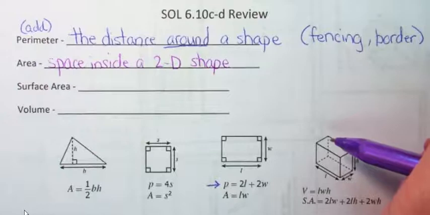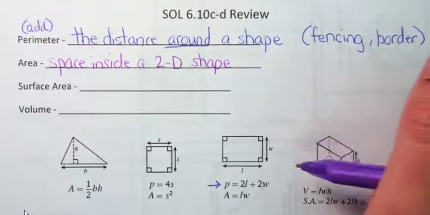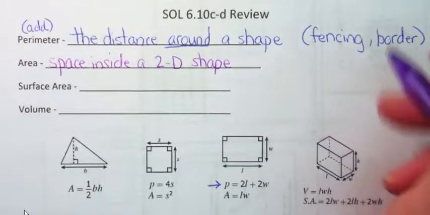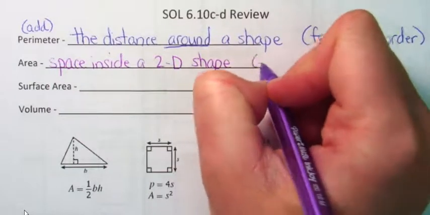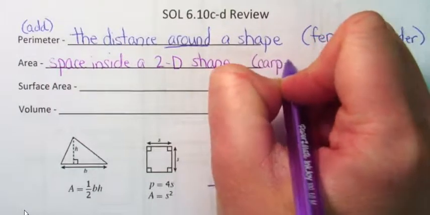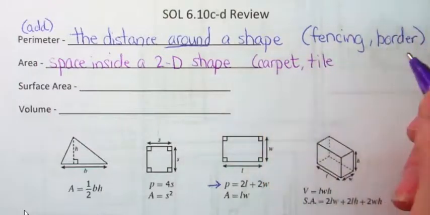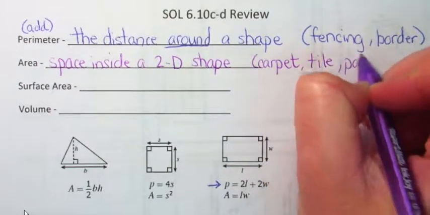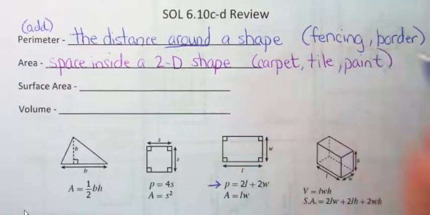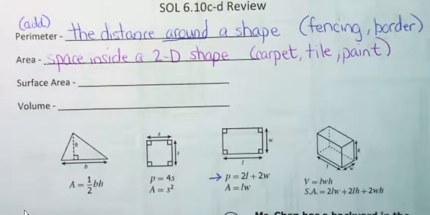The inside is called volume, so it is a big deal to know the difference. The space inside a 2D shape would be like when they're asking how much carpet you put down, how much tile, how much flooring, how much paint you're going to paint something with. That is going to be area.